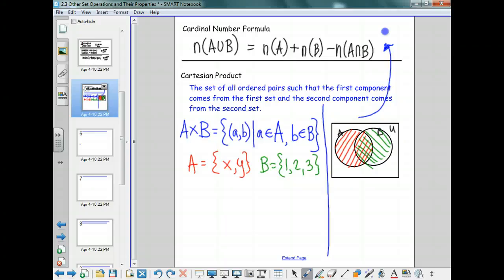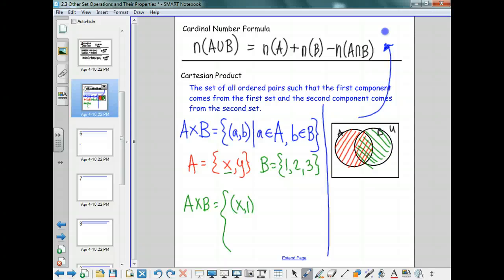Then if you're talking about the Cartesian product, A cross B, we're going to actually list them all out. Well, what we do is we take the first element in set A, which is X, and I write it as an ordered pair with the first item in set B, which is 1. So X1 is one of my ordered pairs. Take one item from the first set, one item from the second set, and make a pair.